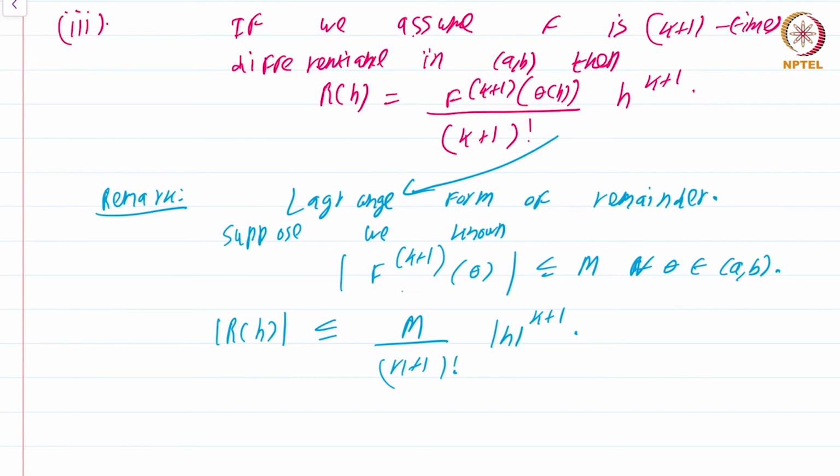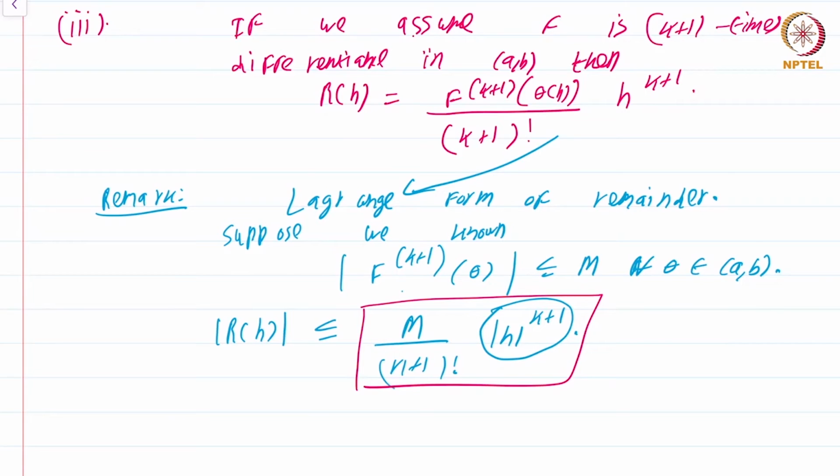Whereas in this expression, that additional dependence has disappeared. The dependence on h is solely coming from mod h power k plus 1, a very simple function that we understand really well.